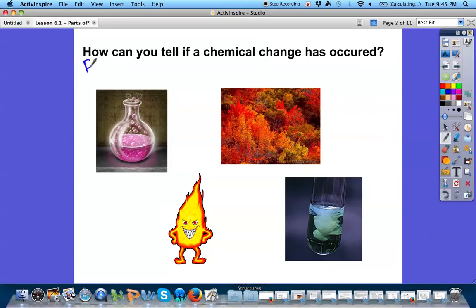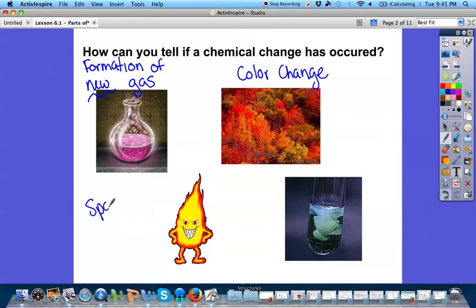Just to review, that is a formation of a new gas, a color change, a spontaneous change in energy, and that energy can be in the form of heat or light.